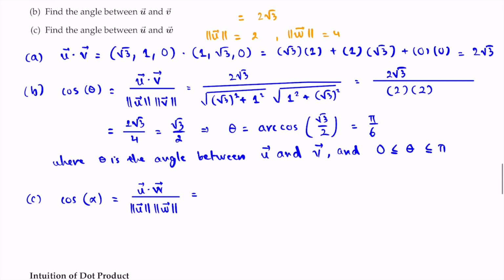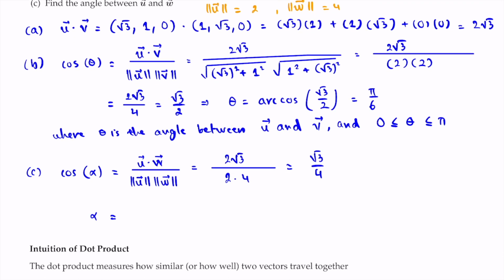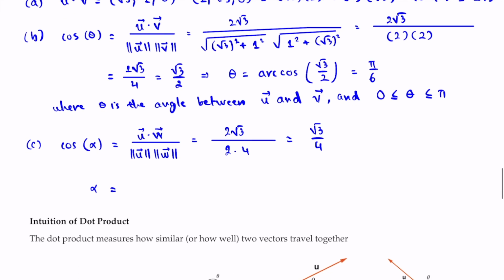So u dot with w we calculated earlier, which is 2 times root 3, divided by the magnitude of u, which is 2, times 4, so you have root 3 over 4. Unfortunately, cosine of alpha equal to root 3 over 4 does not give you any special angle that you would like, but certainly we can use a calculator for this. So alpha is equal to arc cosine of root 3 over 4. If you use a calculator, you're going to get 1.12 radians, or 64.3 degrees.